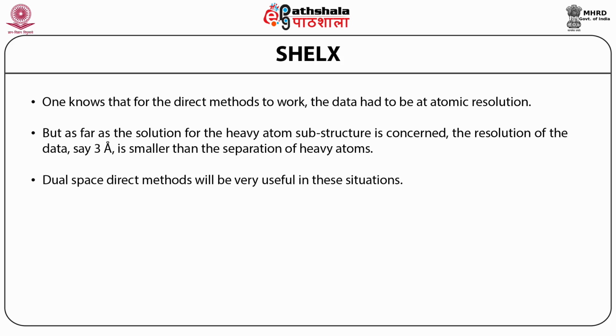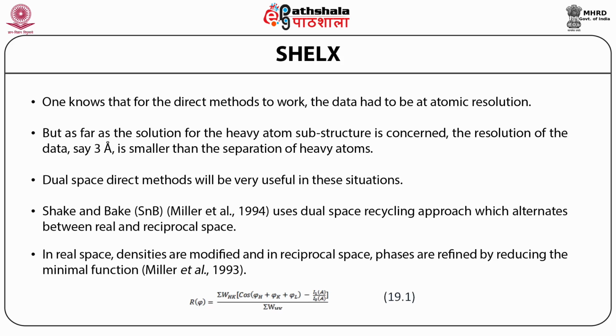The Shake and Bake program from Hauptman's group uses a dual space recycling approach, which alternates between real and reciprocal space. As I have indicated earlier, Professor Hauptman has developed a function called the minimal function based on the cosine value of the triplet and its expected value.